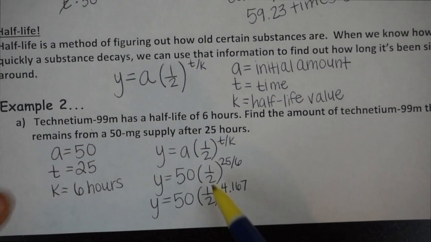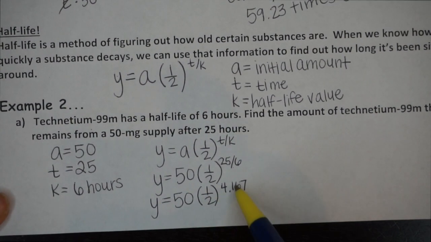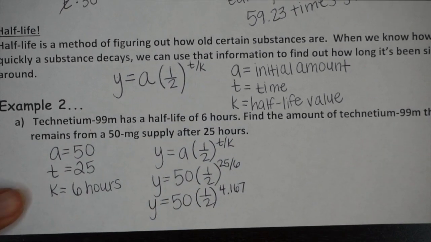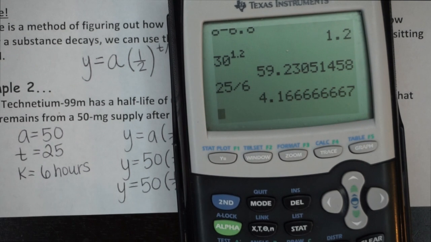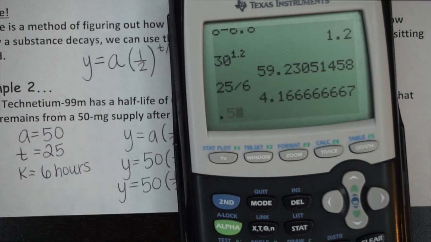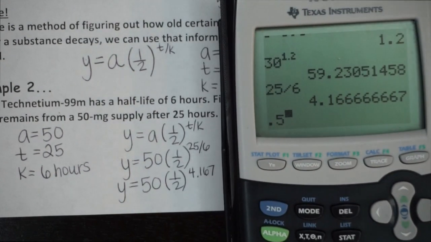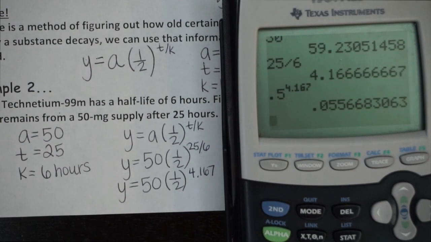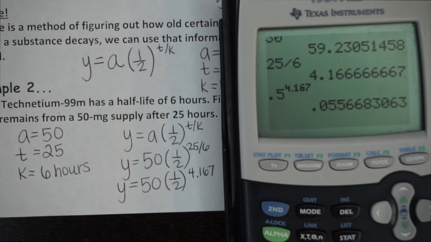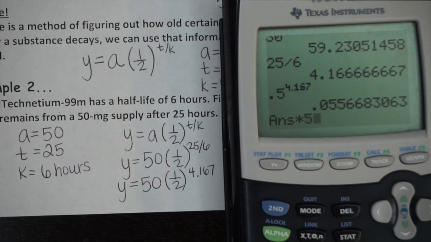All right, I'll evaluate this part first. Remember, parentheses, exponents comes first in PEMDAS. All right, so I'm going to do 1/2, which is the same thing as 0.5, raised to the power of 4.167, which would give us about 0.055, all right, times 50.